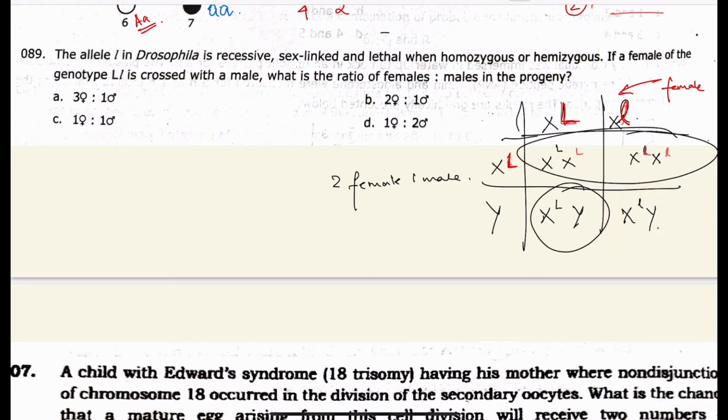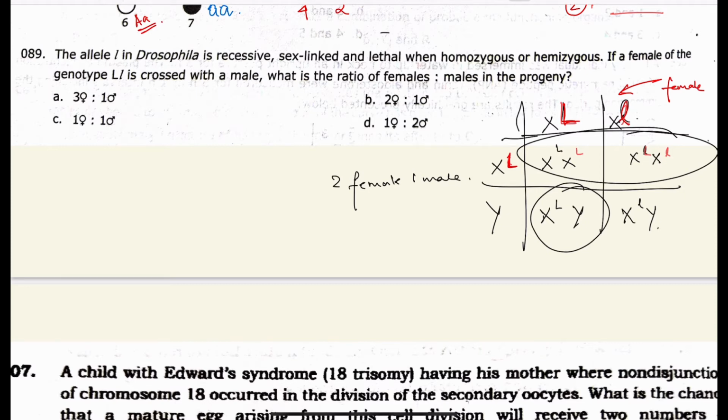So here we can see that X small l Y will not survive, because the small l allele is recessive and will express itself in the absence of the capital L allele, and since it's lethal, it will die.